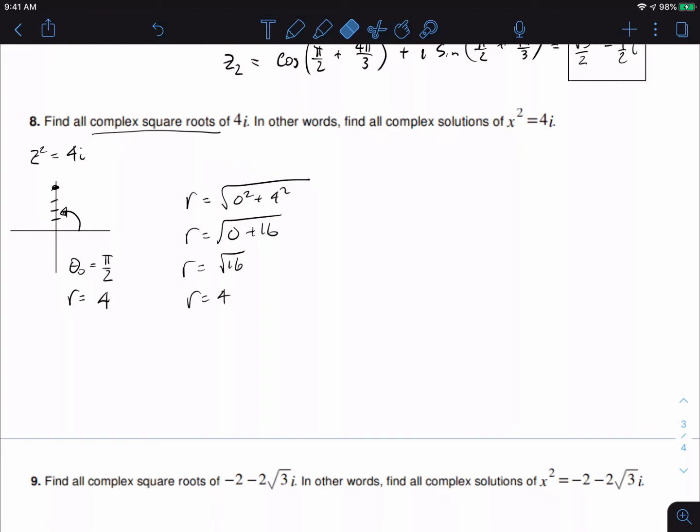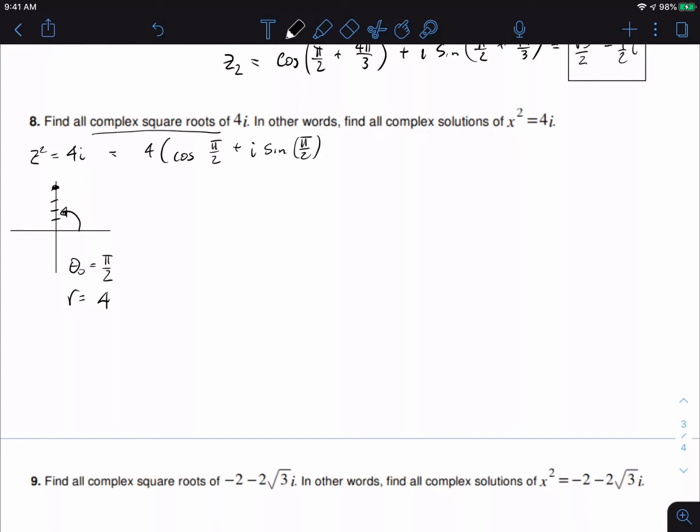All right. Okay, so what we have then is 4 cosine pi over 2 plus I sine pi over 2, right? So z squared is equal to 4 cosine of pi over 2 plus I sine pi over 2.